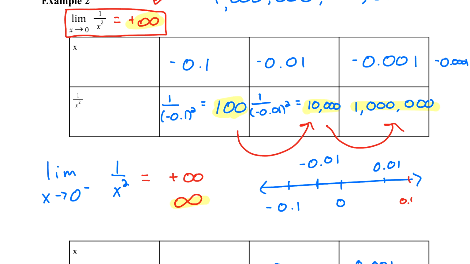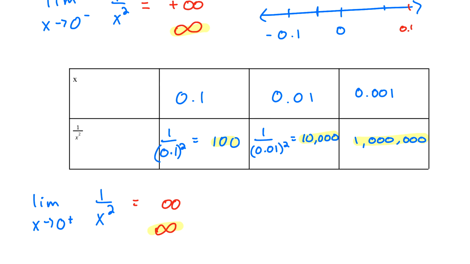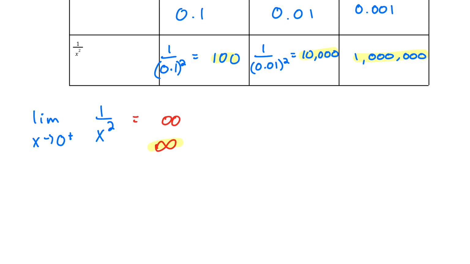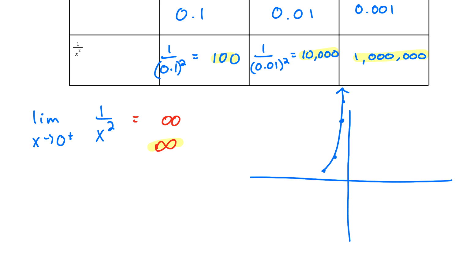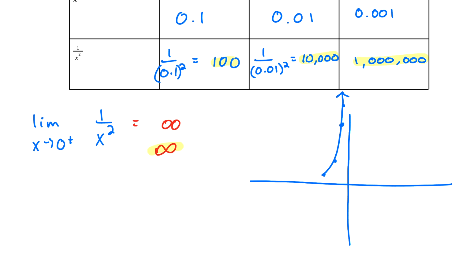One last thing that I wanted to show you real quick: if you were to graph all of these x and y values on your xy coordinate axis, maybe here is 0.1, here's 0.01, here's 0.001. They're just getting larger and larger, and as you get closer to 0, the y values are going to get larger and larger. We have something that is going up like this. The same behavior is going to happen on the right-hand side.